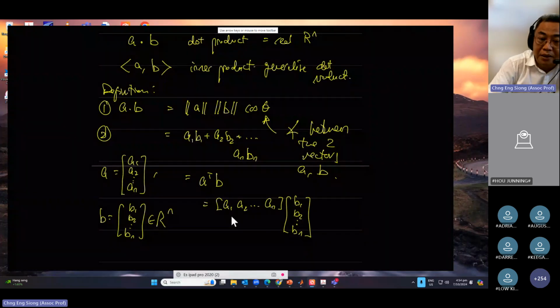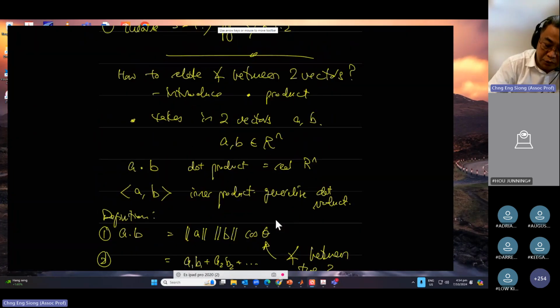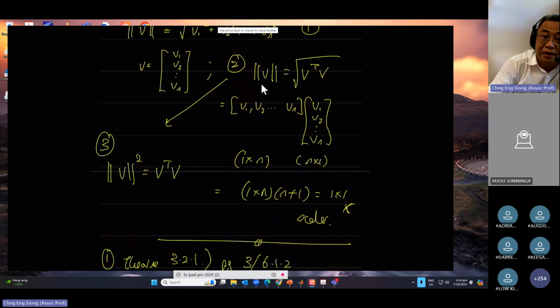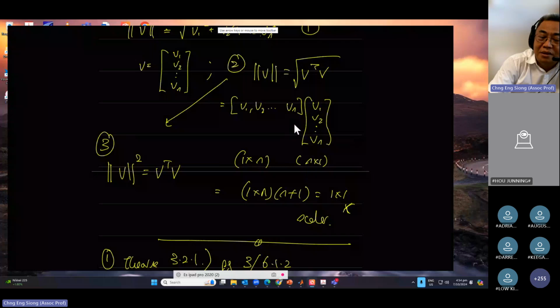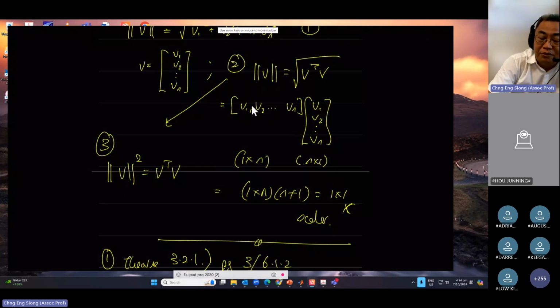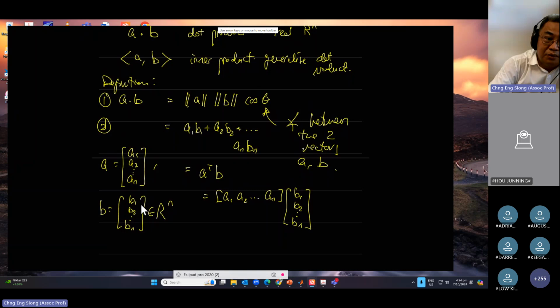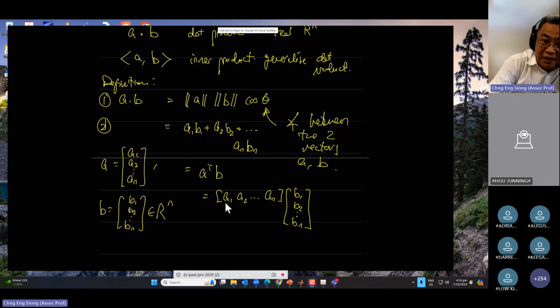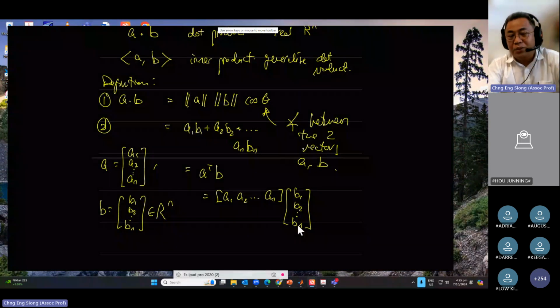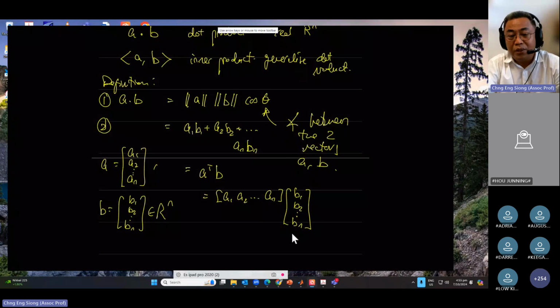Isn't this very similar to what I've shown you in the previous slide? Norm has a very close relationship with the dot product, because norm is just this same v with this same v, while the dot product generalizes this so we can relate a to b. Of course, if you do a related to a, then you are basically creating norm squared.